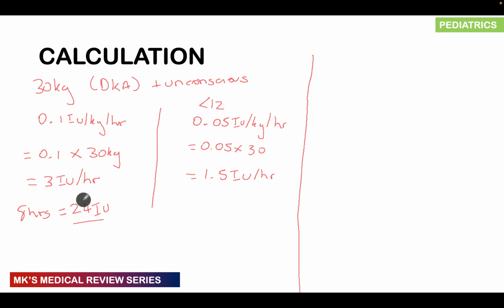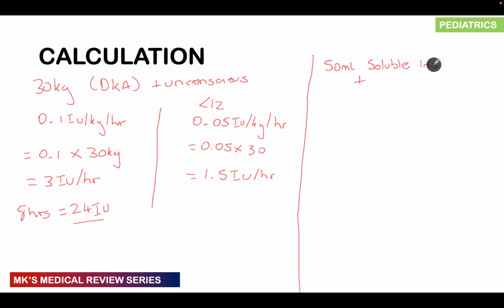But you're not going to get these 24 international units and just give them as a bolus, because you drop the sugars very quickly. The child may actually even die. So what we're going to do is get 50 mils of soluble insulin. Okay, you can get any amount that you want, but get 50 mils of soluble insulin.